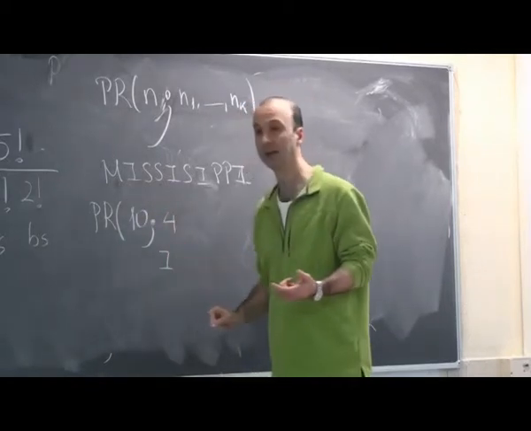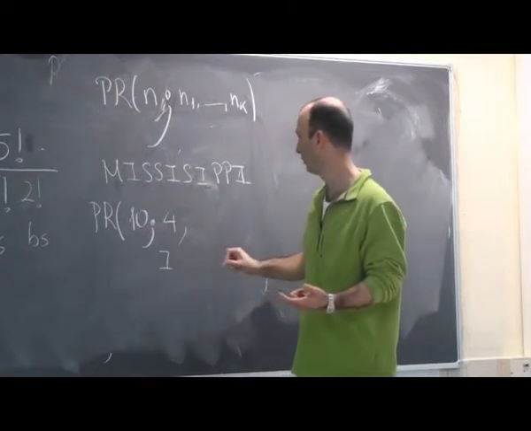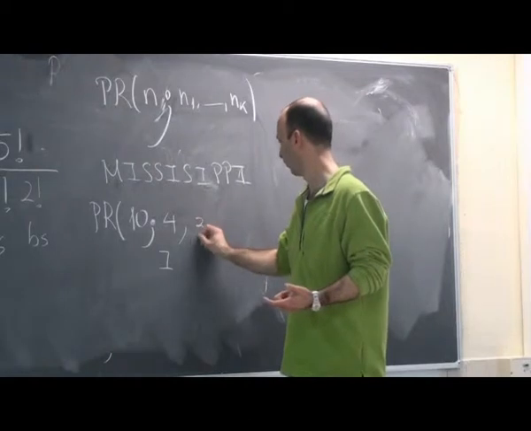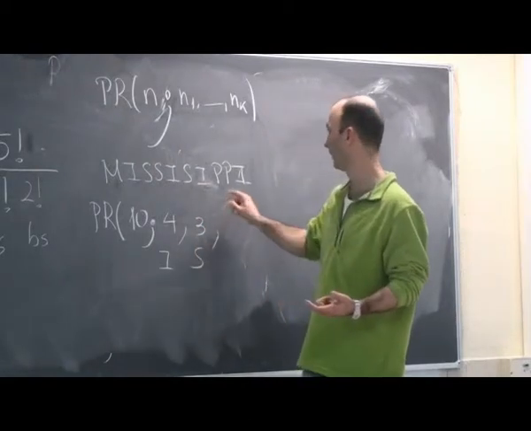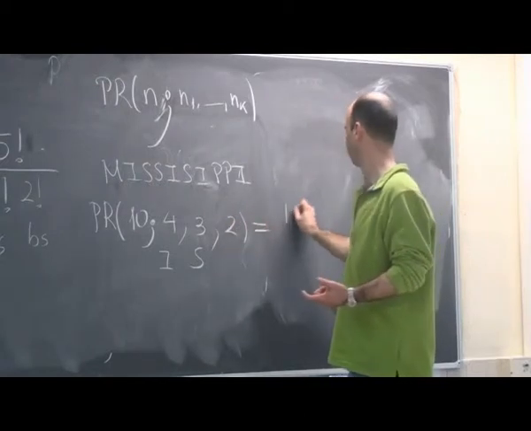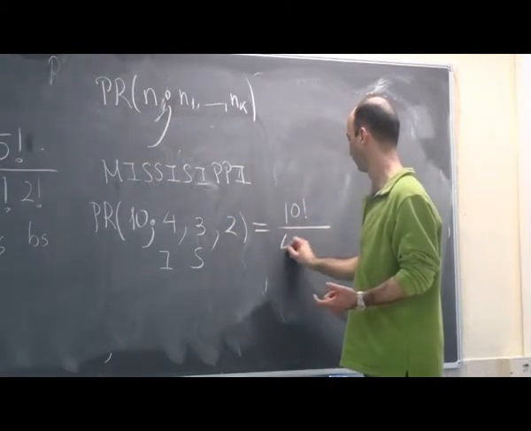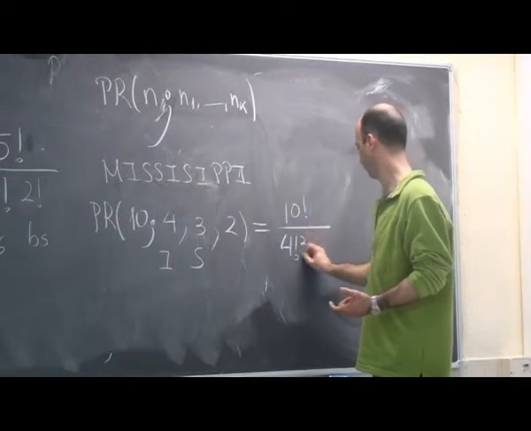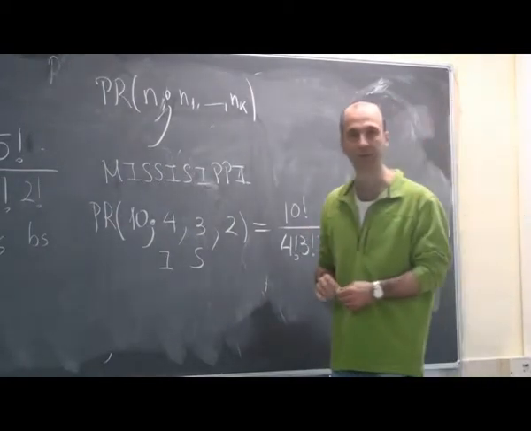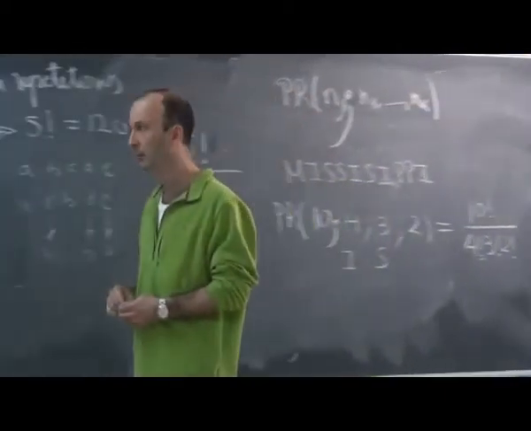This is for the I. Comma, then the S. So this is 3. 3, that's for the S, and then I have 2 E's. Right? Whatever number comes out. Right?